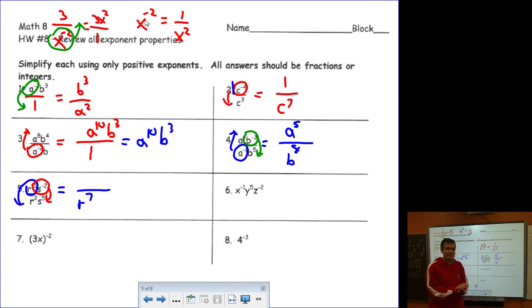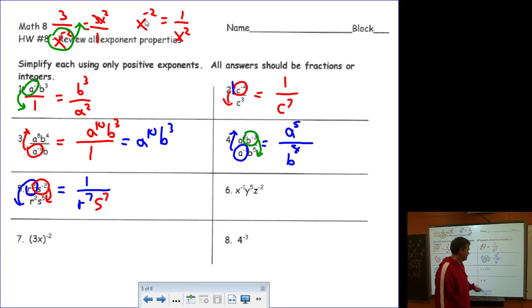So I need to take the reciprocal, which really just means move them to the opposite place in the fraction. That gives me 7 s's on the bottom. And the only thing left on top is the original coefficient. So I end up with 1 over r to the 7th, s to the 7th.